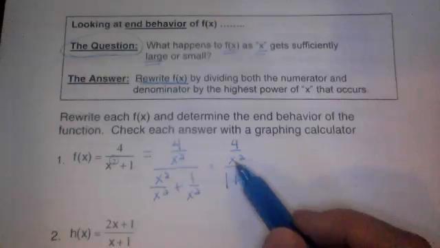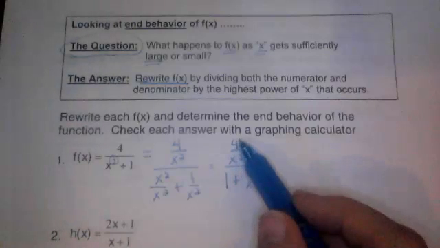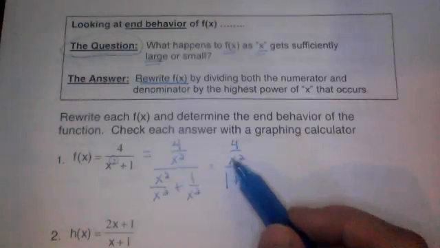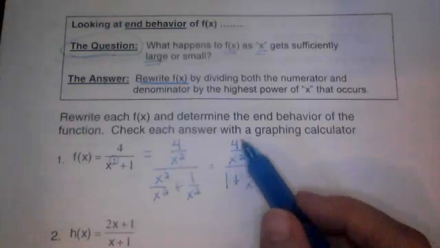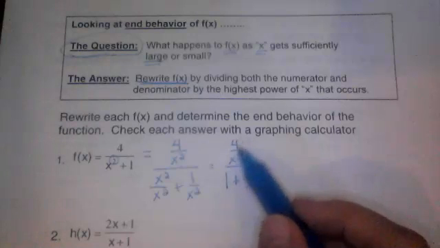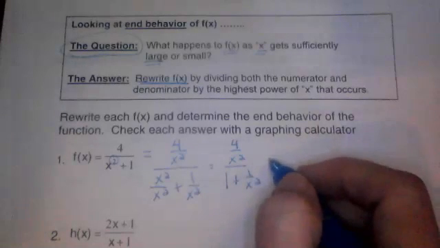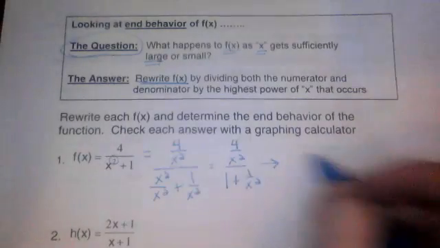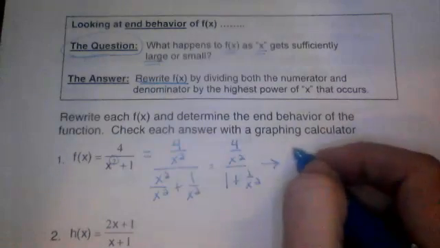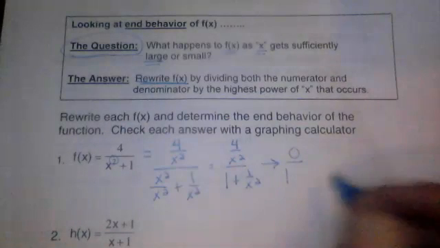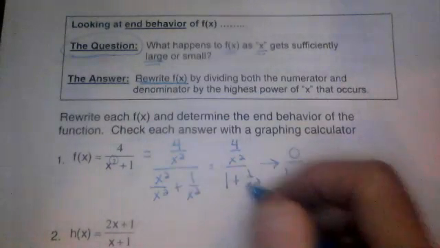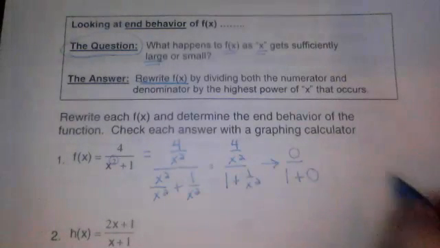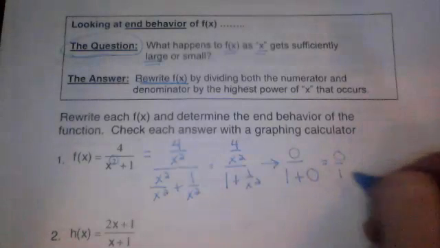If I put 1,000 or 10,000 or a million in here and then square it, then 4 divided by that is going to be a very tiny, tiny number. It's getting smaller and smaller and smaller. It's approaching 0. When I put in a big number here, this value approaches 0. 1 is just 1. But this also would approach 0, or I get 0 divided by 1.